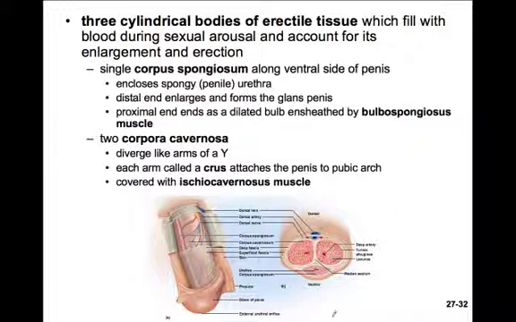Before you do that, go out to Anatomy and Physiology Revealed and watch the animation that I've assigned that gives you a really nice overview of the male reproductive system. Also, take a moment to put together a little diagram. Consider the anatomy of the scrotum and its contents in the testes.